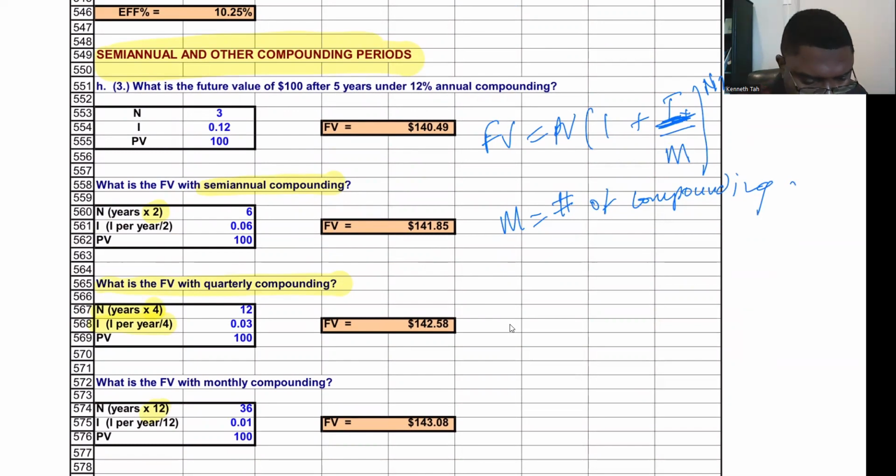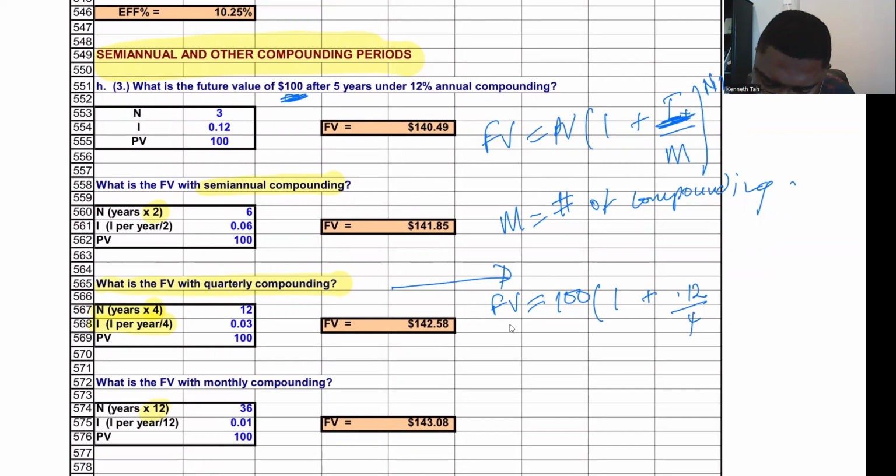So if we are working with this case, future value is present value, which is 100, times 1 plus the interest rate of 12%, so 0.12 divided by 4 because it's quarterly, raised to the power of the number of years, which is 5 times 4.